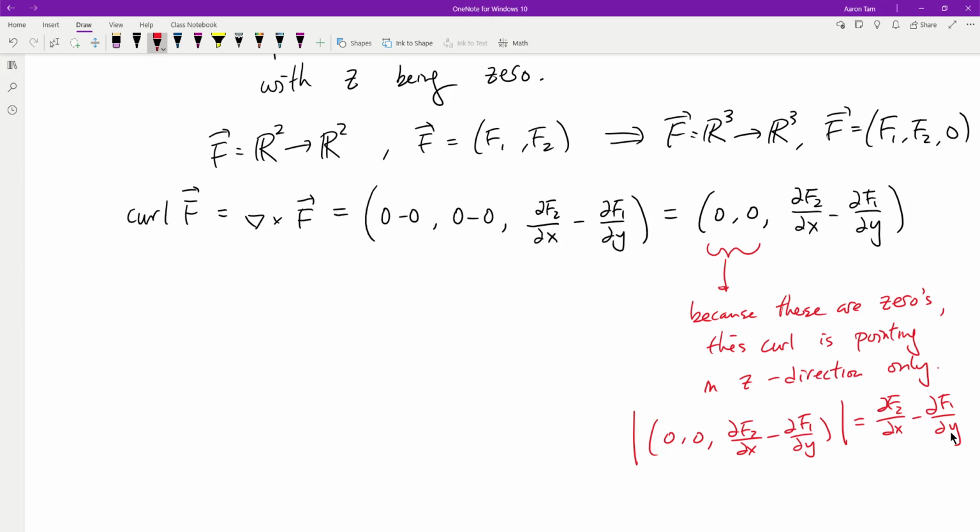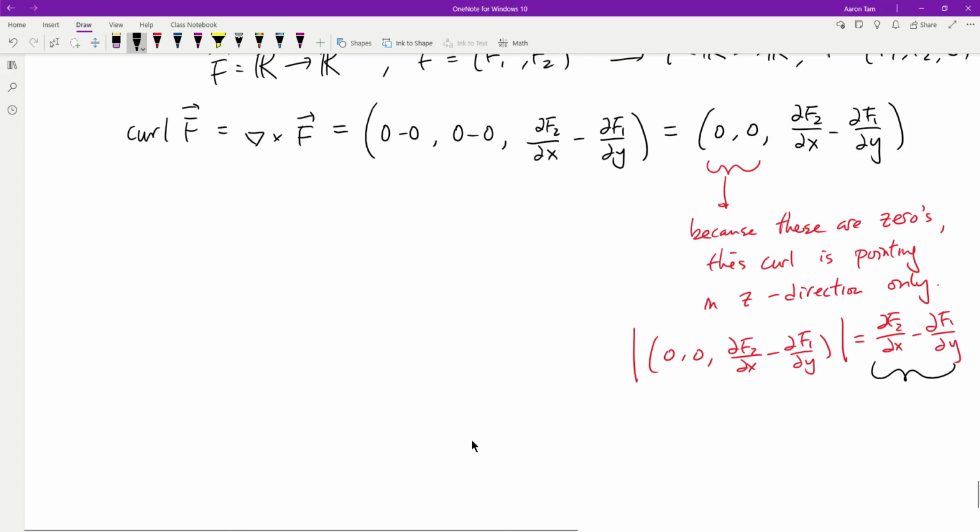Because of these two things, this expression right here has a special name. And we'll actually see this expression used a lot in chapter 9. So make sure you understand and remember this formula: df2 over dx minus df1 over dy. This expression is what we refer to as a scalar curl. Basically, what does that mean?